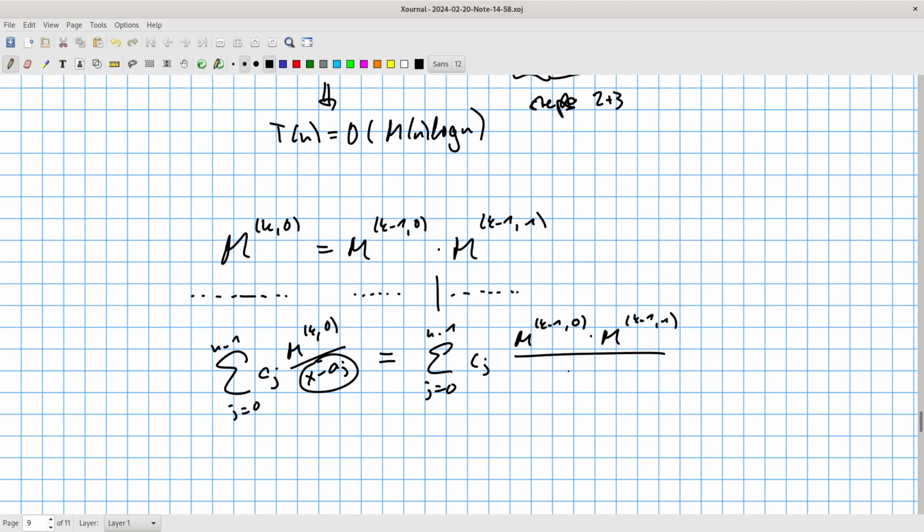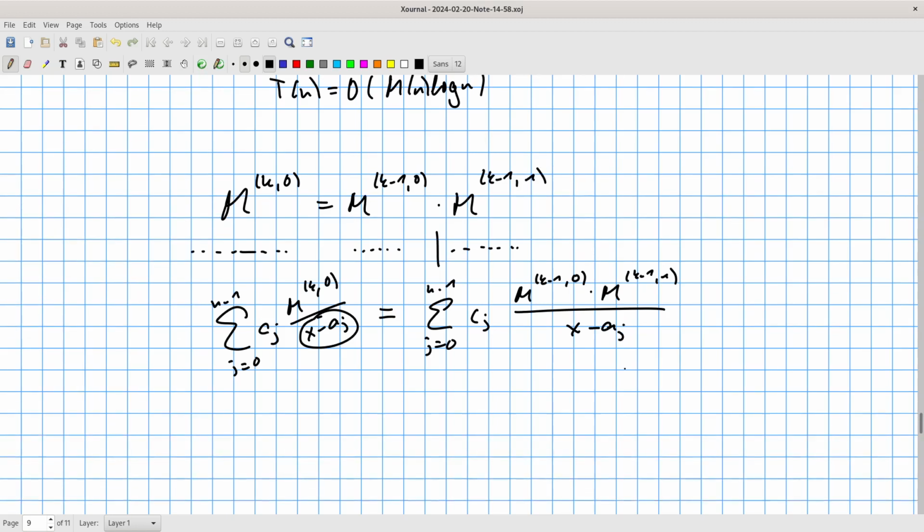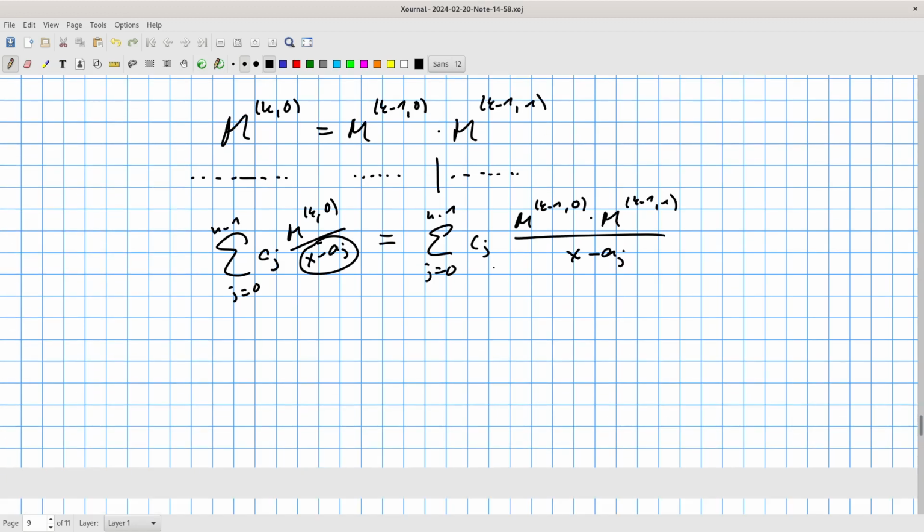Okay, so let's first write it like this. You probably already see how it's going. The j runs through the whole range, but it first runs through the first half and then through the second half. In the first half, this factor is contained in this factor, and in the second half, it's contained in this factor.